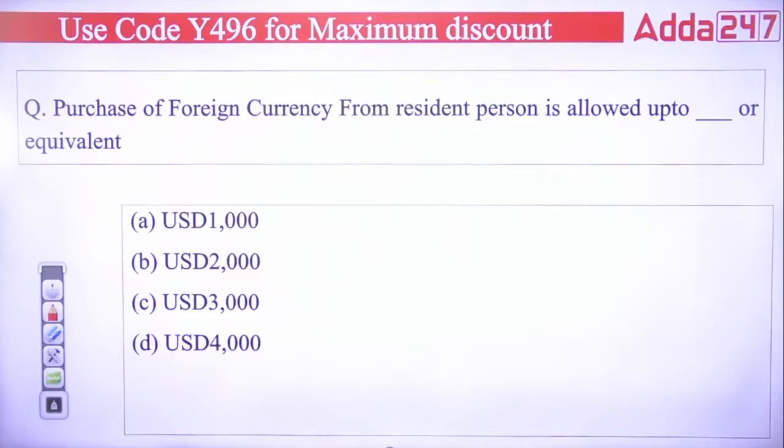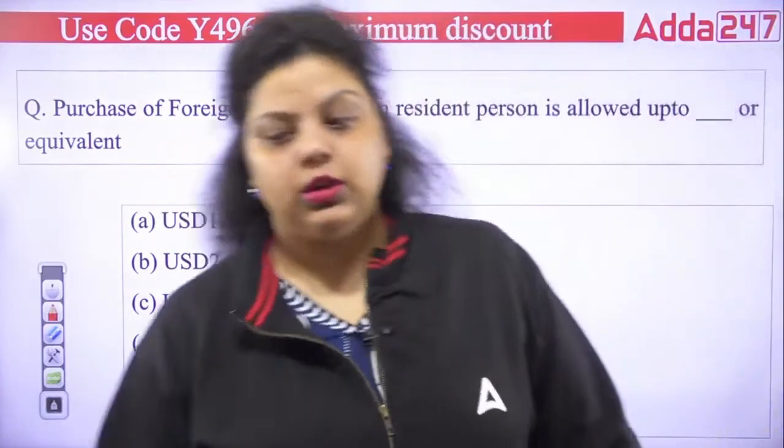A, B, C or D. $1,000, $2,000, $3,000 or $4,000. What amount should it be? Let me know in the comment section.